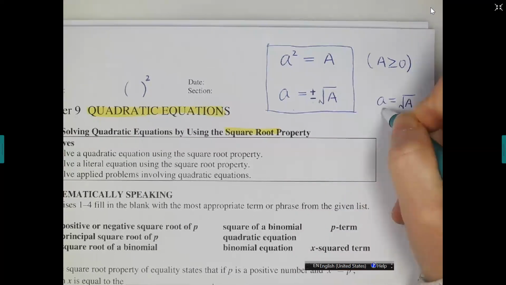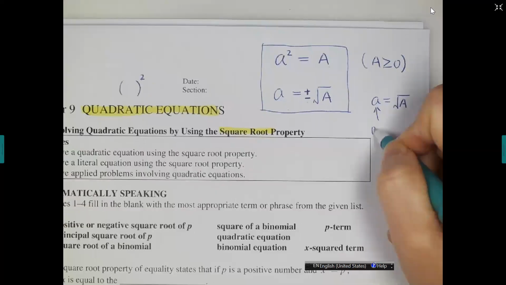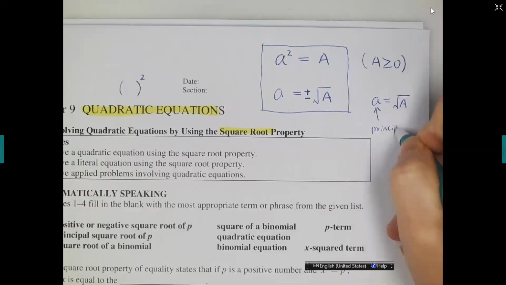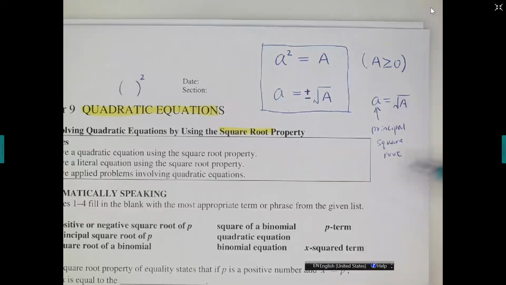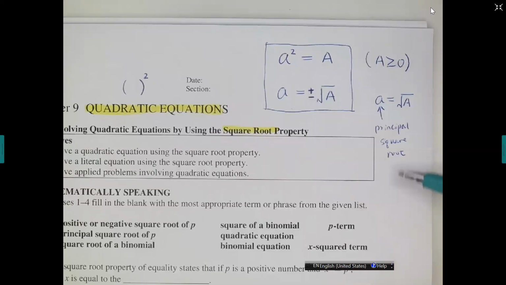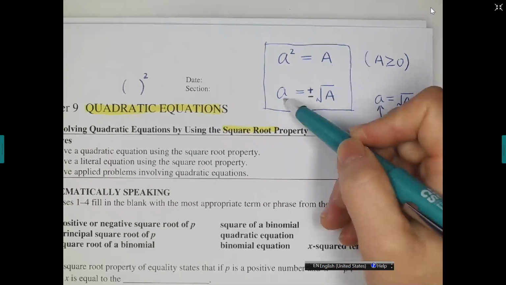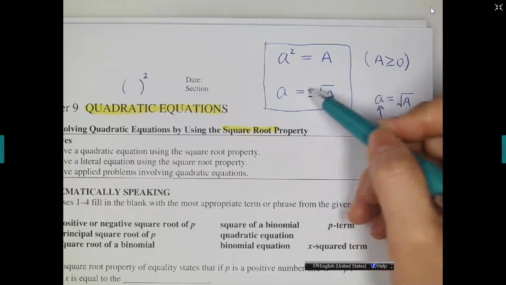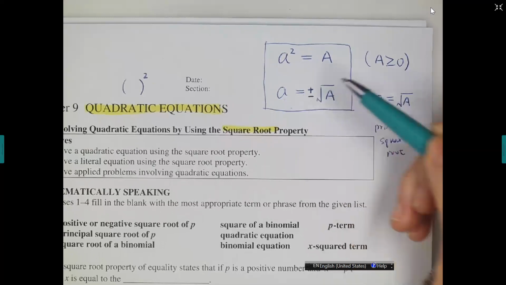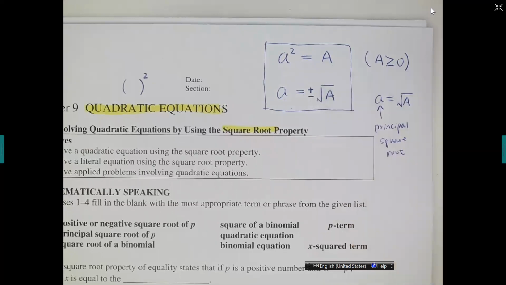That is actually called the principal square root. Okay, and when we are solving an equation here, we will not only keep the principal one, and there is another square root. It is either the positive or negative square root of A. Okay, so then let's look at one equation.